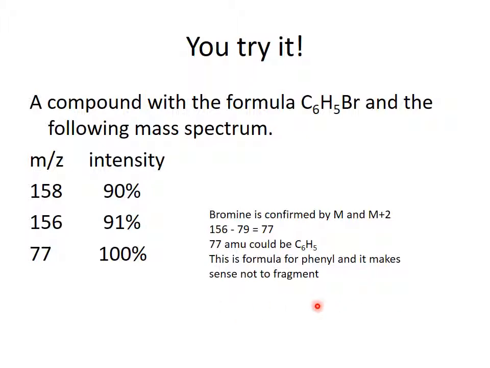So if there was a bromine substituted on the benzene ring, that would make a lot of sense. Also, that you don't see the other fragments there makes sense, because the benzene ring wouldn't fragment. It's too hard to cut something off of there and have it fly off. It's going to want to stay intact due to the aromaticity.